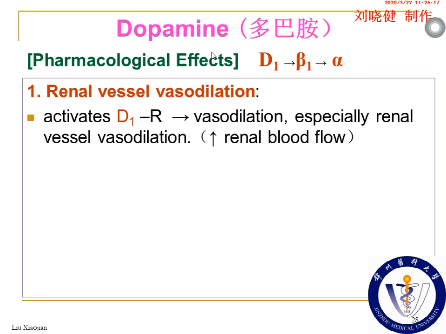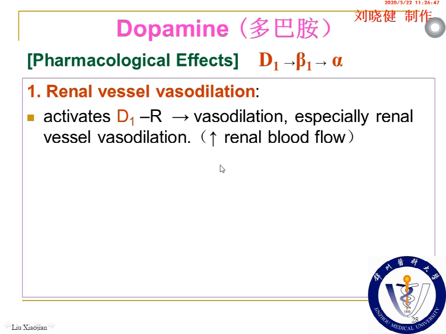This drug can activate these receptors. Let's analyze the effects caused by this, especially in the renal vasodilation. It is the first effect caused by dopamine. This drug can activate the dopamine 1 receptor in the renal vessels, inducing vasodilation, especially renal vasodilation.